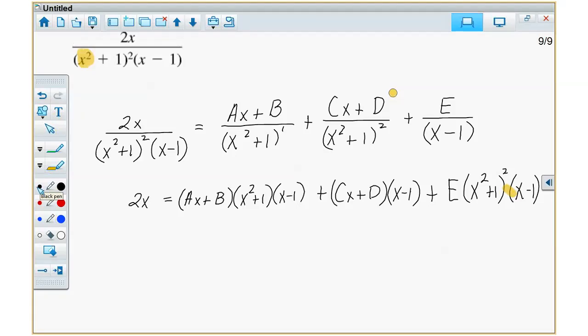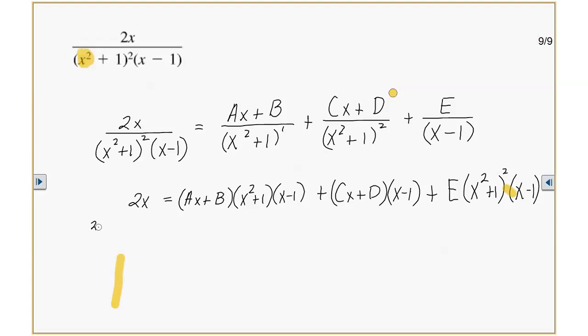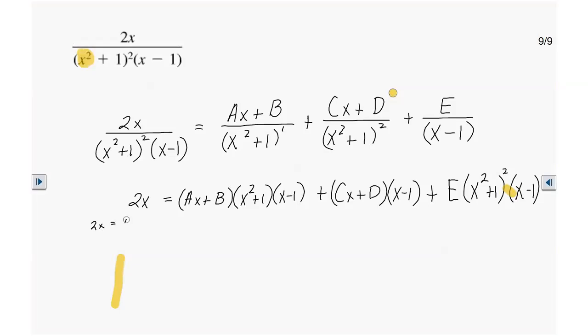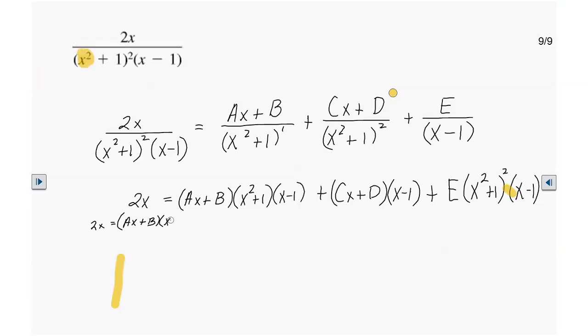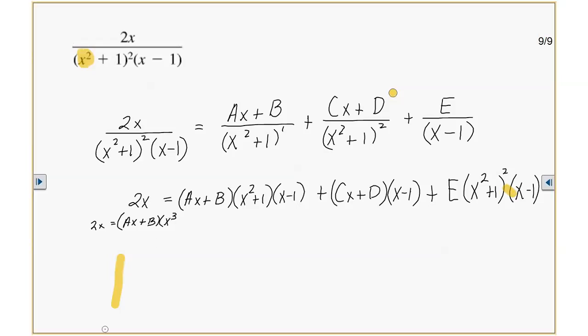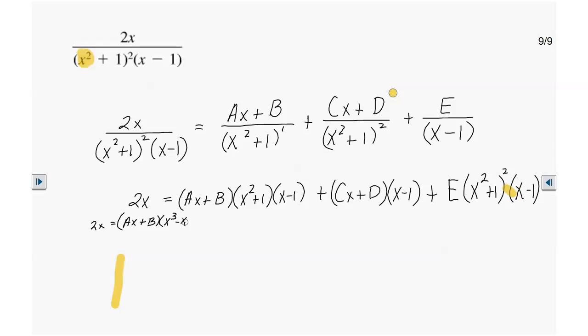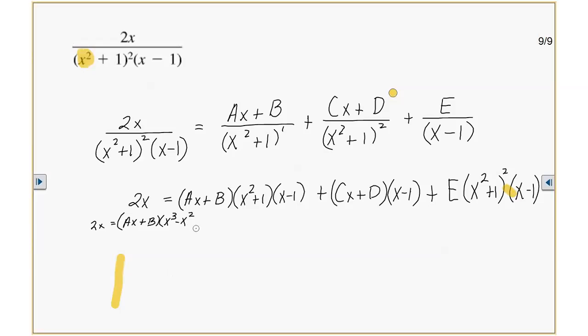Well, let's see. 2x equals (ax plus b) times, let's say it's going to be x to the third minus x squared plus x minus 1.